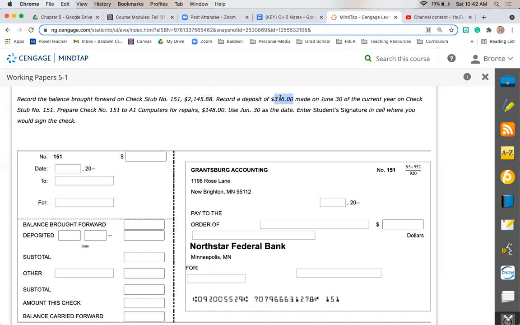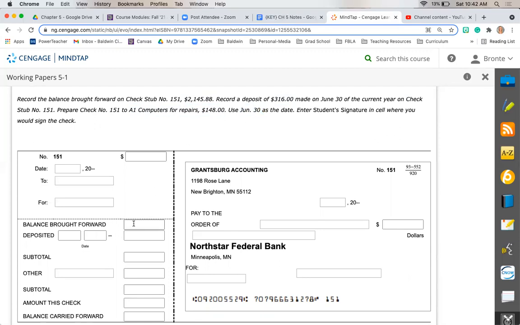So we're also going to record a deposit of $316 made on June 30th. And then we're going to finally write check number 151 to A1 Computers for repairs of $148. We're going to use June 30th as the date.